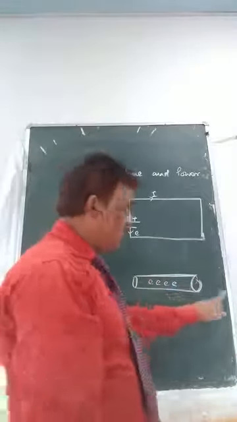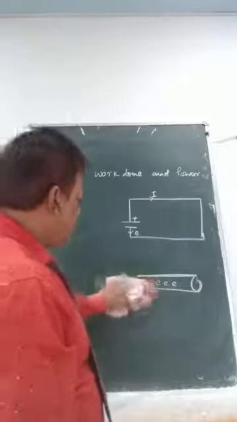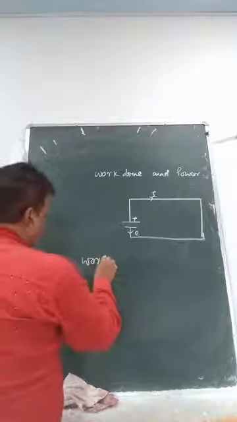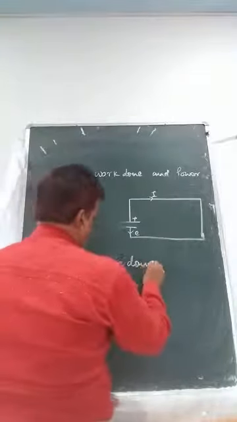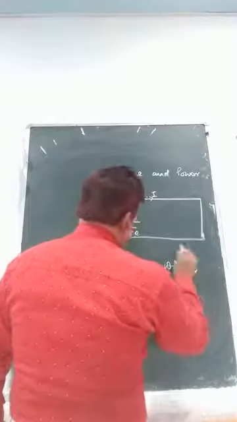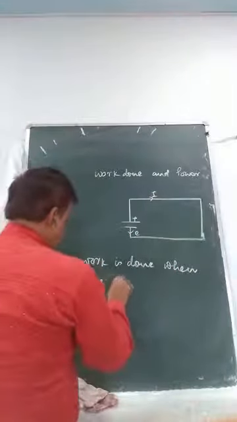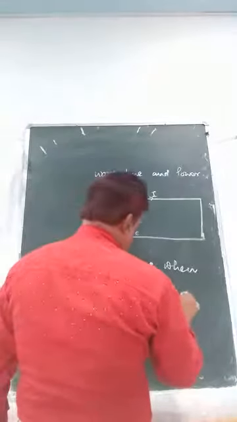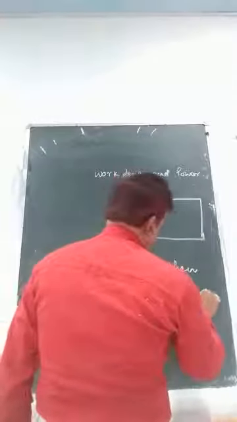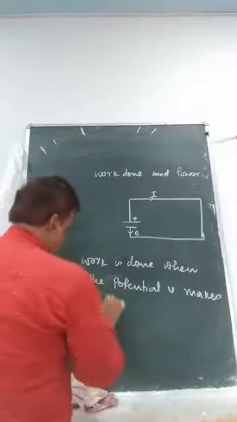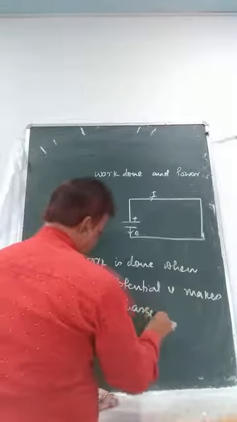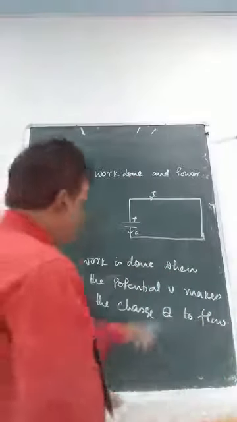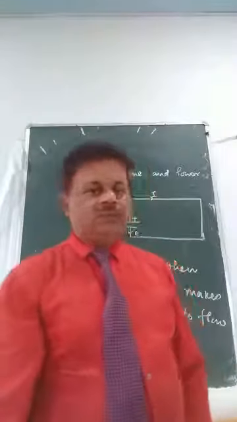Which one is moving? The charge is moving. So you can write here the work is done when the potential V makes the charge Q flow. Q I have taken, so many electrons will be called the charge here.